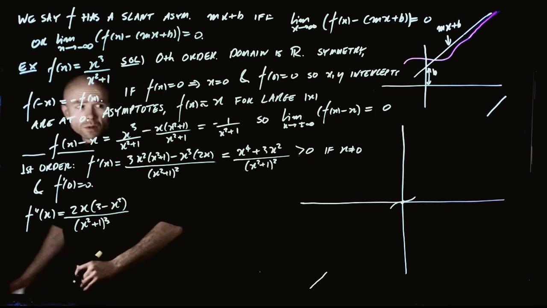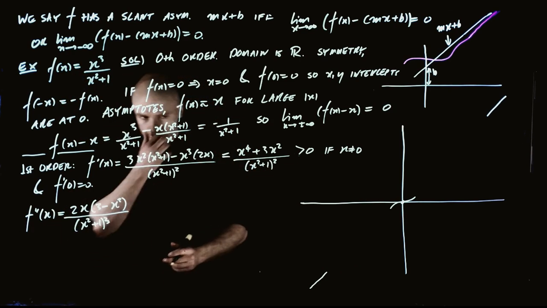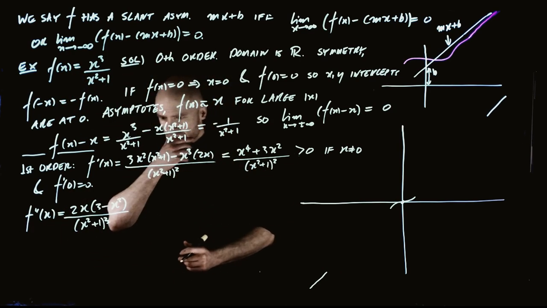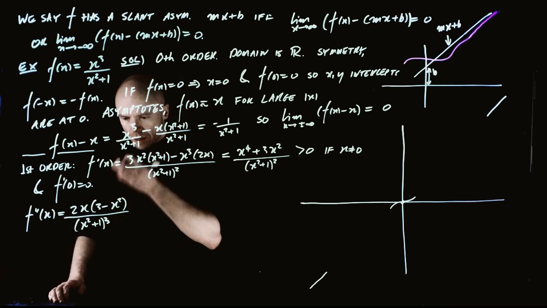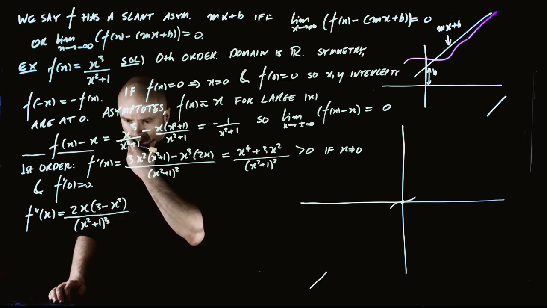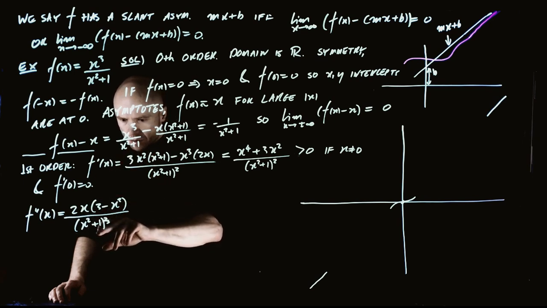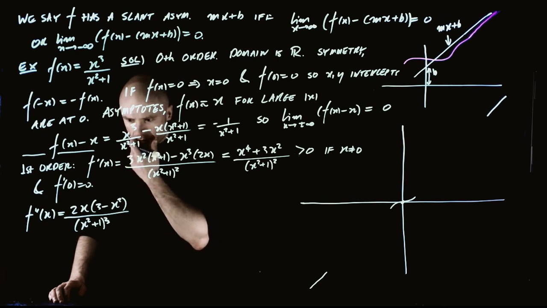Again, this is the quotient rule. It's a bit more complicated, there are more terms, but you clean it up, you ultimately get this. Okay, let's look at this guy. All right, so now we have a bit more things to be concerned about, because we see that this thing on the bottom is always positive, so that's not going to influence the sign of the second derivative. But these terms on the top definitely will, right?